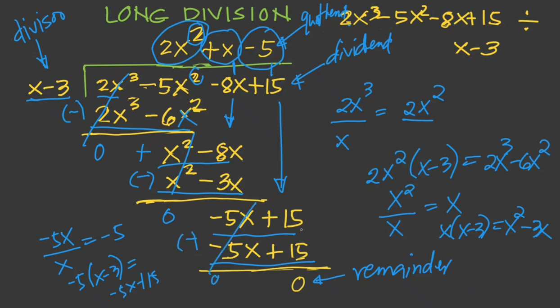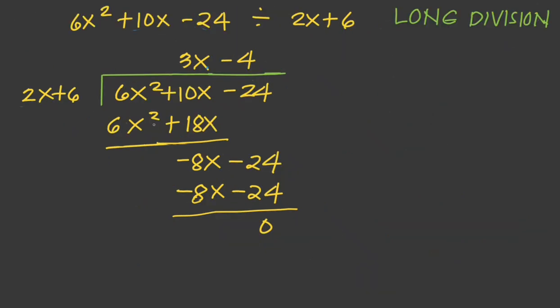This is 0 and this is 0. So everything cancels out, so there is no remainder. So our answer would only be 2x squared plus x minus 5. Okay, another example here for long division for polynomials divided by binomials with 0 remainder.